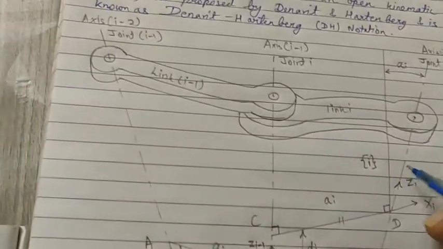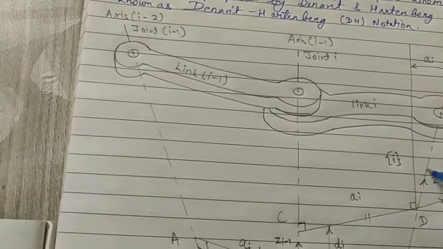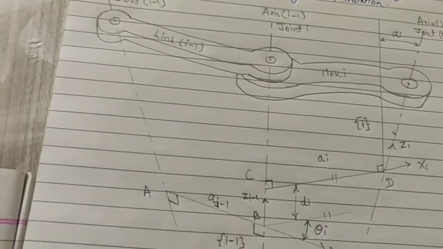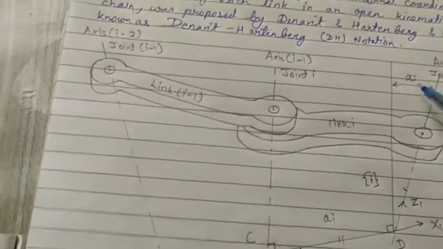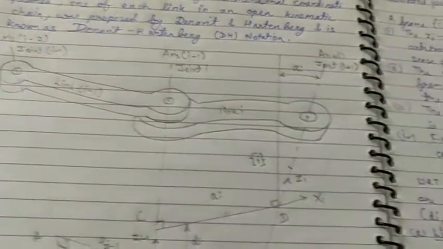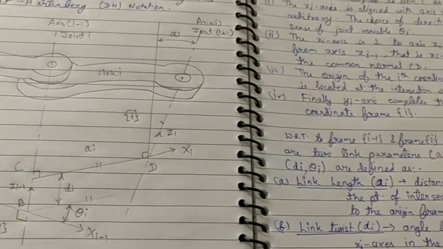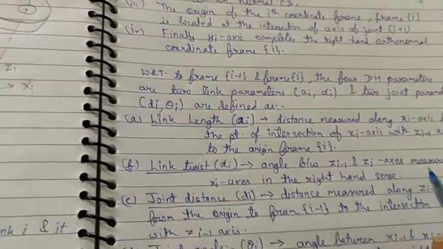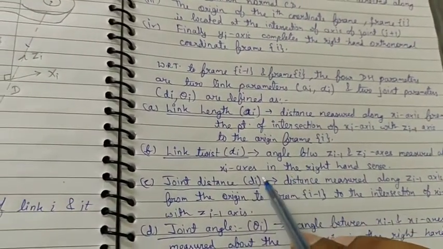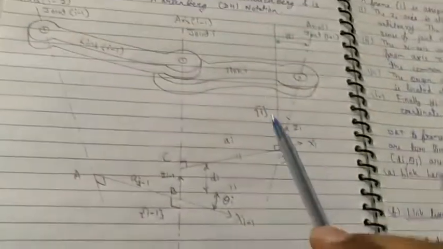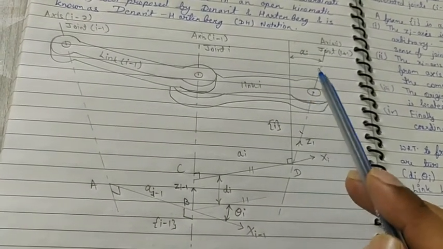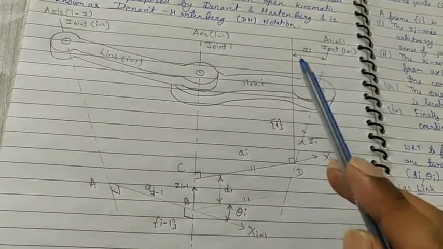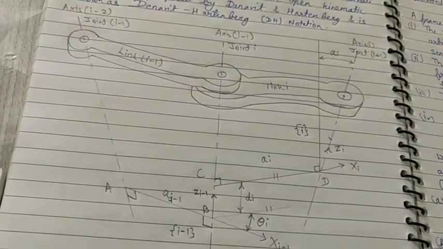This is alpha_i. Here we have drawn the angle between Z_i-1 and Z_i, measured about the X_i axis in the right-hand sense. This axis and this axis are parallel, hence this is the twist we get for alpha, which is called link twist.